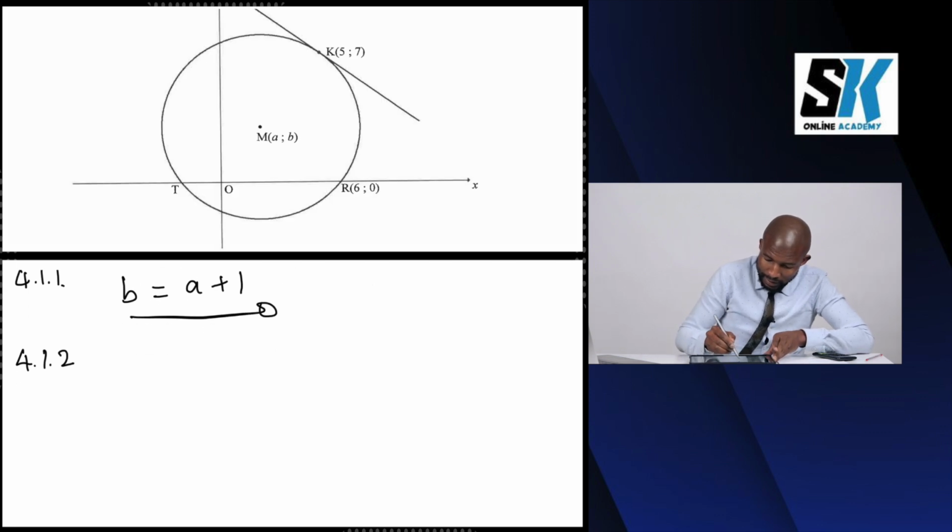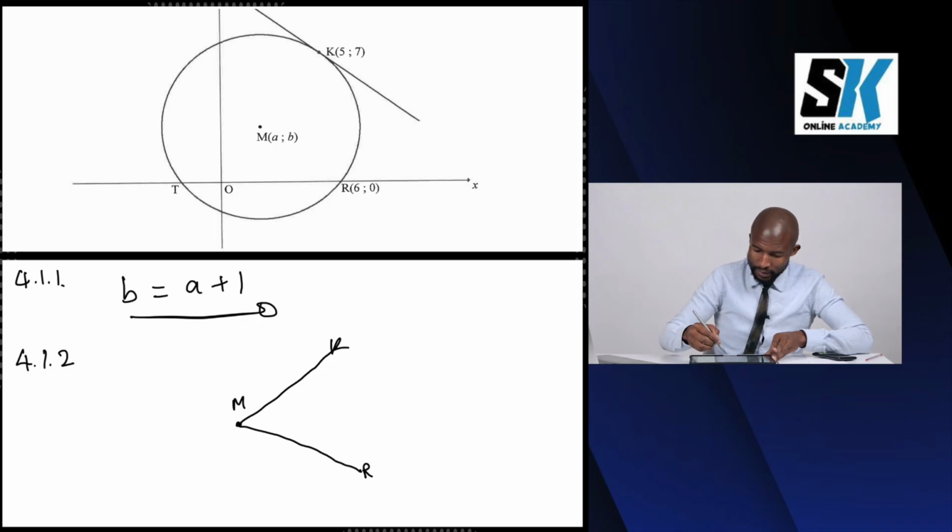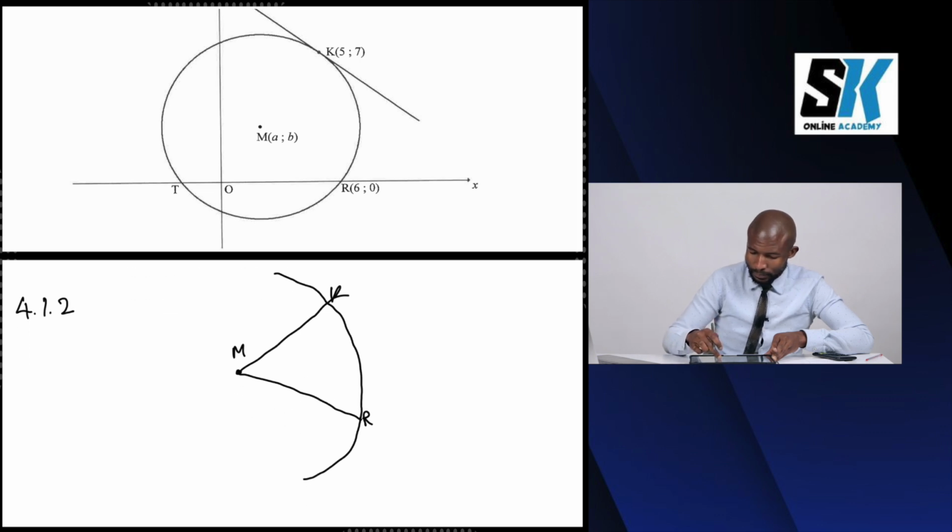You can see that point M is there, and then you have K as well, and then you have R. K and R are just points on the circumference, right? So if I draw a curve there, MK and MR are your radii.